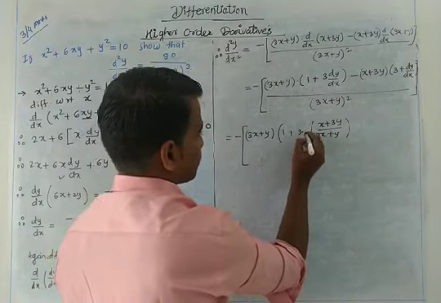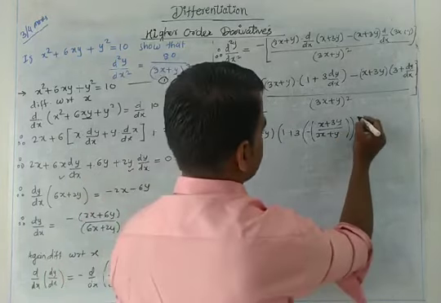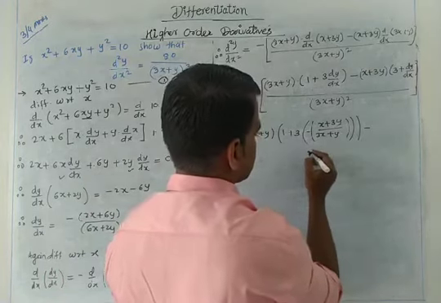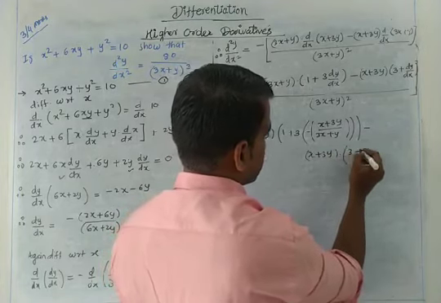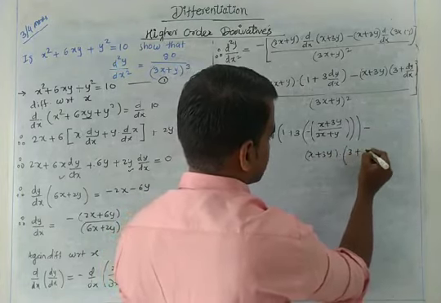Okay, minus (x plus 3y) into 3 plus minus (x plus 3y) upon (3x plus y), and the whole part divided with (3x plus y) bracket square, main bracket complete.